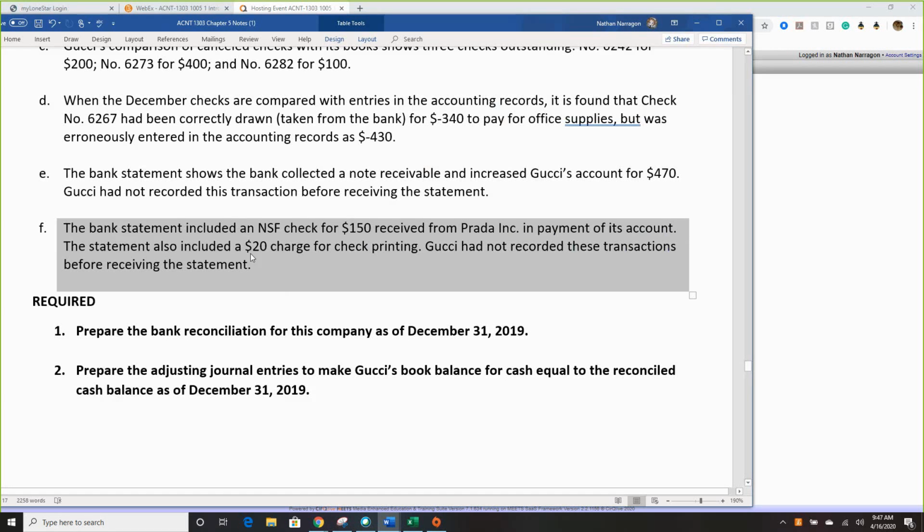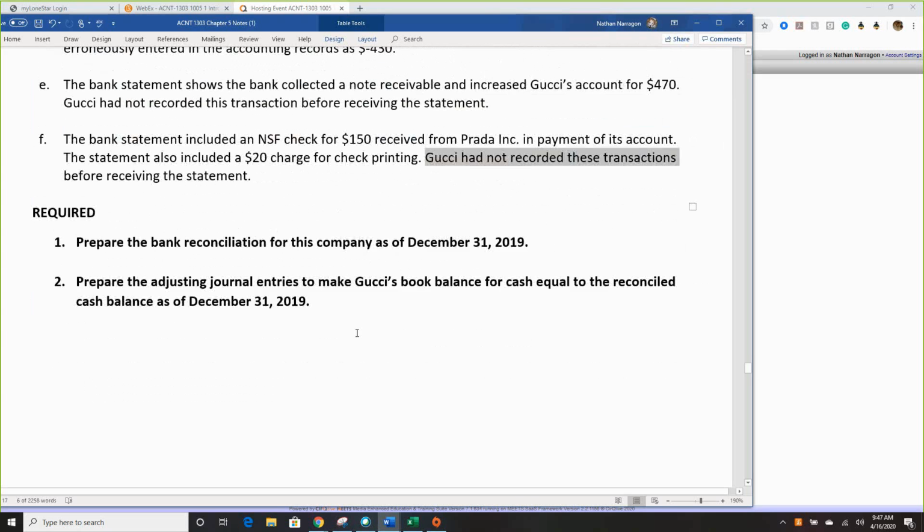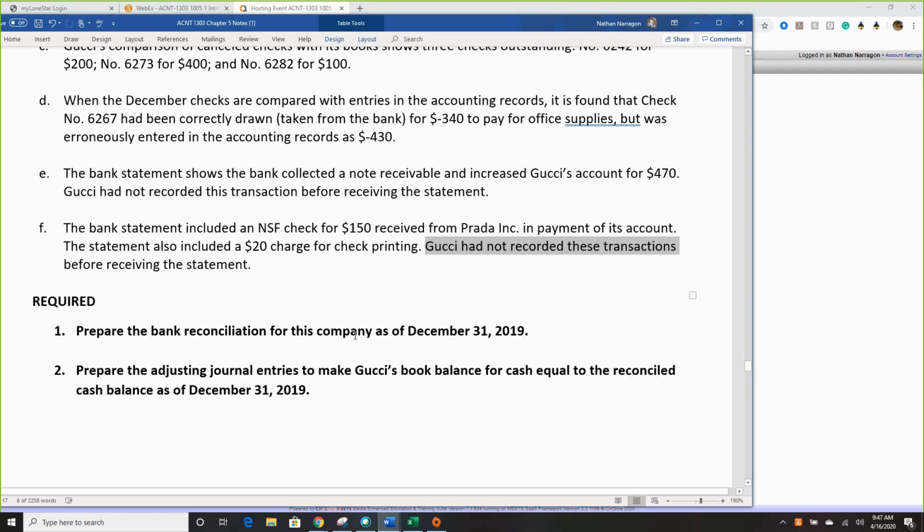The statement also includes a $20 charge for check printing, and Gucci has not recorded these transactions. If the word problem gives you who hasn't recorded, that gives us some extra help.